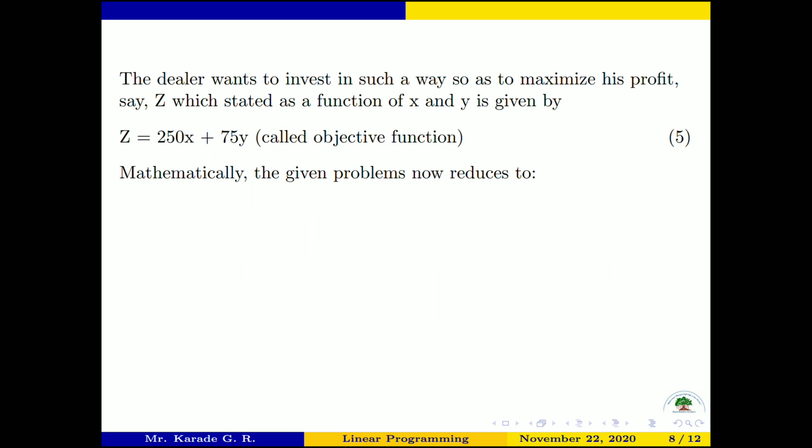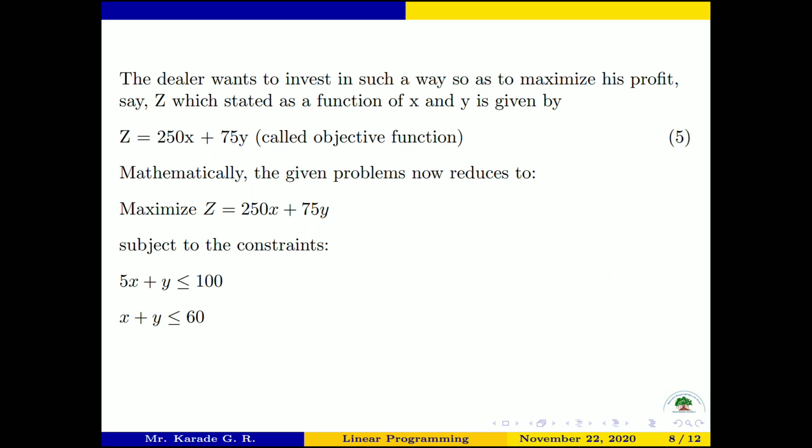So mathematically the given problem now reduces to: maximize z is equal to 250x plus 75y subject to the constraints 5x plus y is less than or equal to 100 and x plus y is less than or equal to 60, x is greater than or equal to 0, y is greater than or equal to 0.